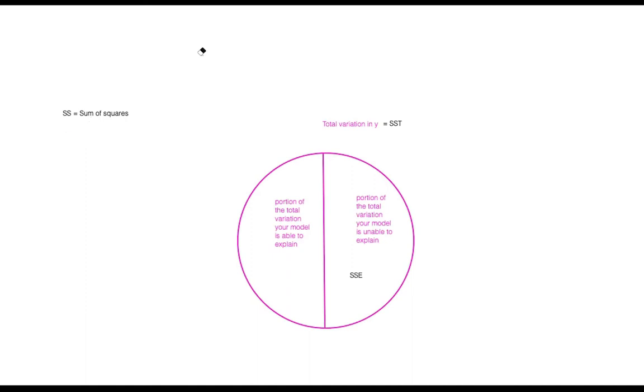It's going to do exactly the same thing. I'll start with SST. That's what I meant to write, and that's the actual formula that I wrote. Yi minus y bar, and that's exactly what I wrote. Sorry about that. Okay, this is SST.